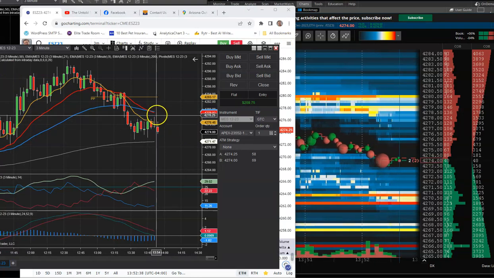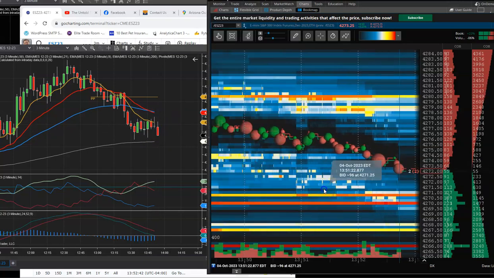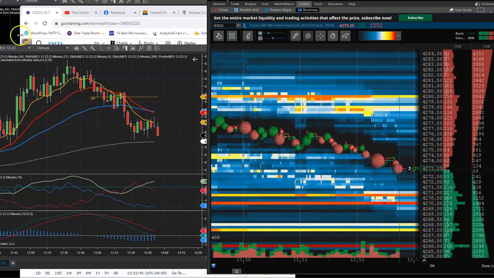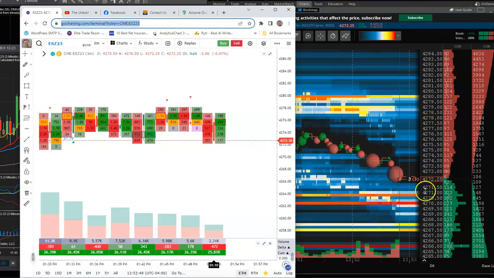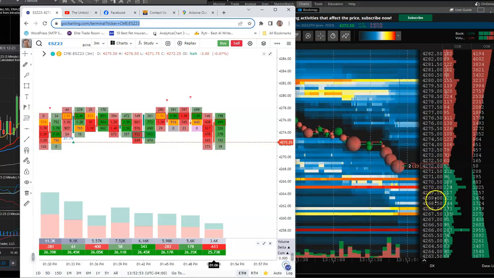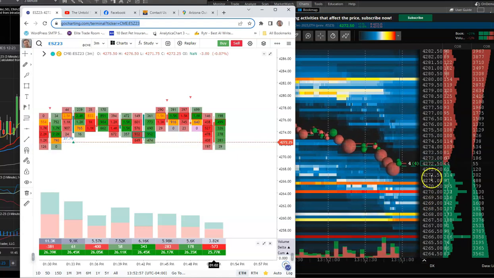Yeah. So it tried to get up to around the 21, and now it's failing. We'll see it right here, 73. Yeah, it looks like it's going to hit 71 at least, 71 and a half. And let's see if it did. 72.